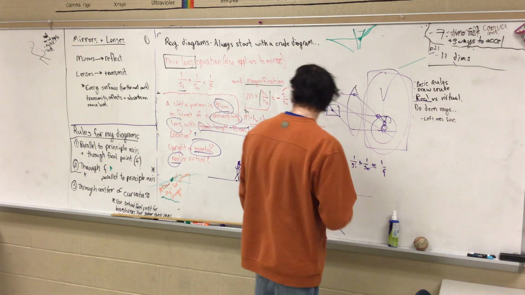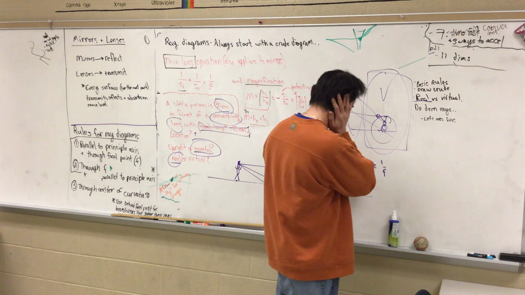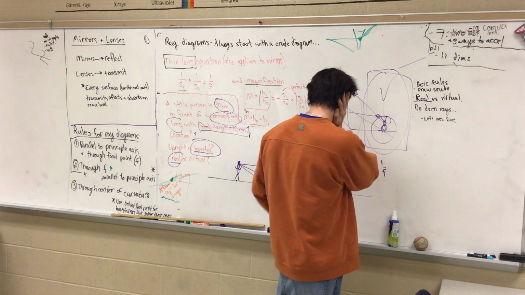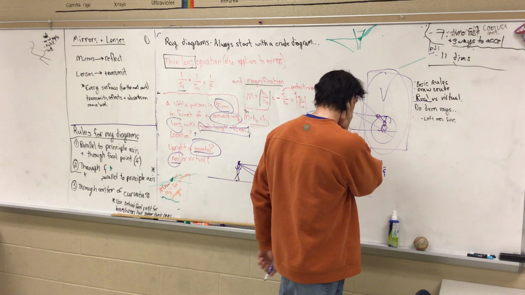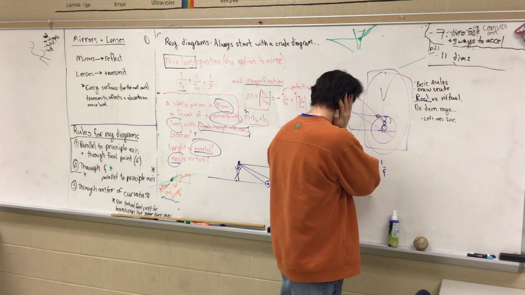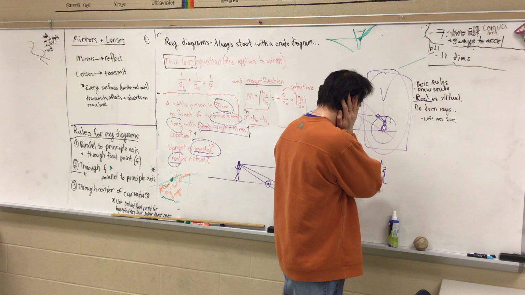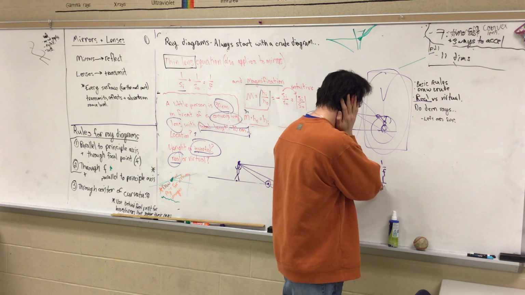The image distance is what we're trying to solve for, so 1 over SI, plus the object distance, 1 over 30 centimeters, equals 1 over the focal length, 1 over 10 centimeters.